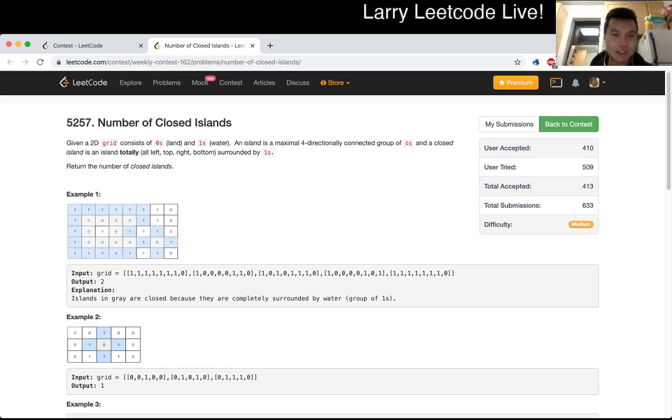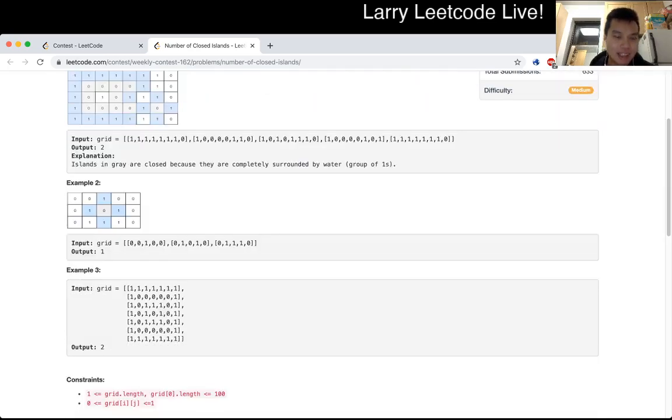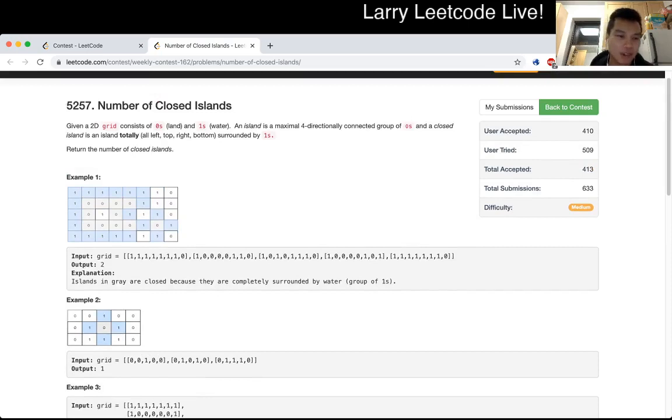Usually in these island problems, zero represents water and one represents land, and this problem flipped it around, which gave me reading issues. Because I try to scan ahead, that's why I skipped ahead to the fourth problem.